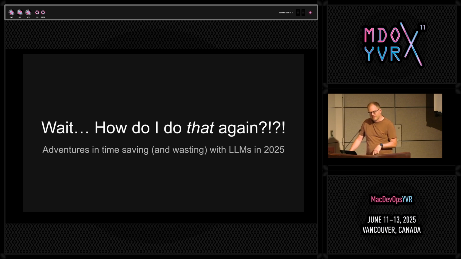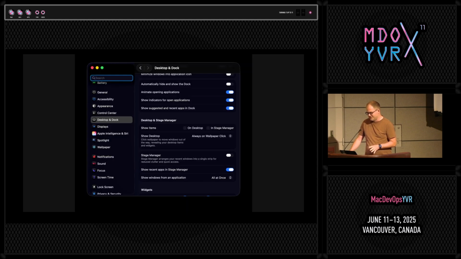But before I bore you with more LLM stuff that I'm sure you're sick of hearing about, AI and all these things, I want everyone to have a takeaway from every talk that they see. And I just learned about this feature, which is part of macOS, where you can hide all of the icons on your desktop.